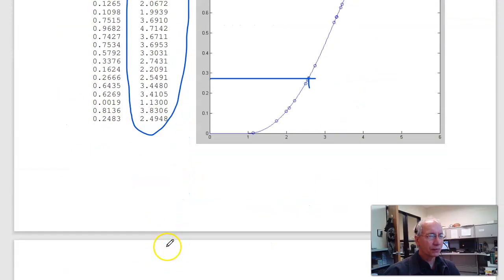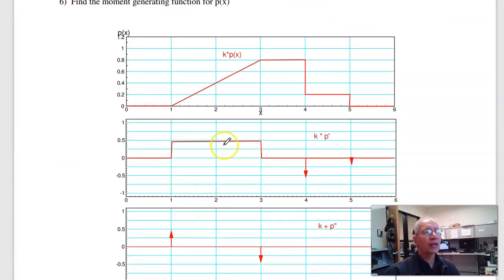Finally, given this PDF, find the moment generating function, or in other words, find the Laplace transform. There's a couple ways of doing that. One trick is take the derivative until I get delta functions. I like delta functions. I know what the Laplace transform is for a delta function.